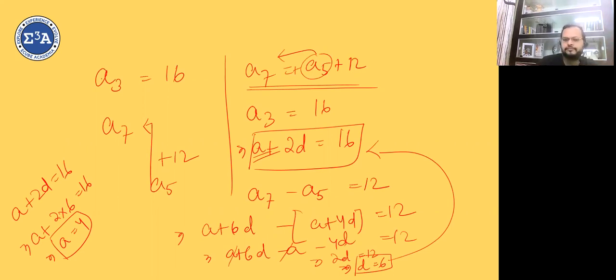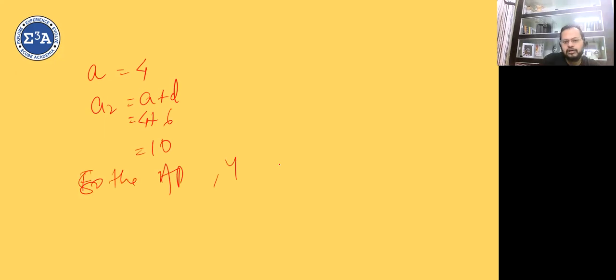We have A is equal to 4. So A2 is equal to A plus D, 4 plus D, D is 6, 10. So we can find the AP. The AP is 4, 10, 16, 22 and goes on the same way. Okay. Hope that is clear.